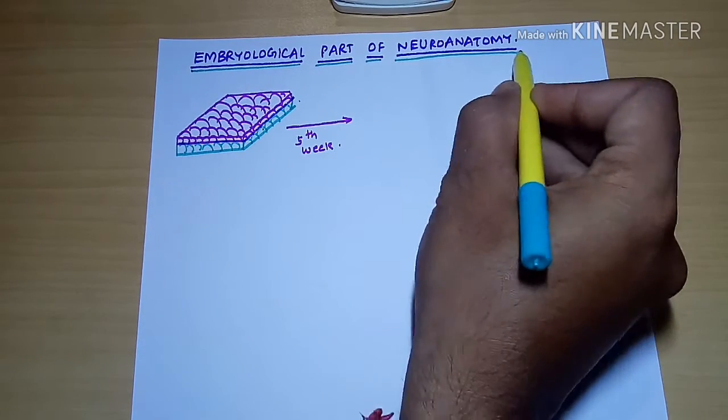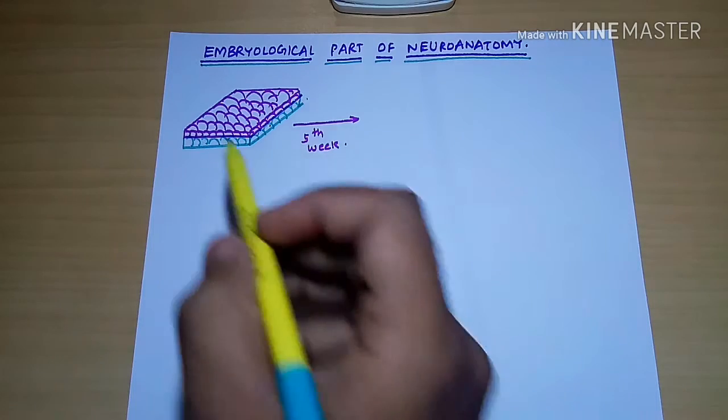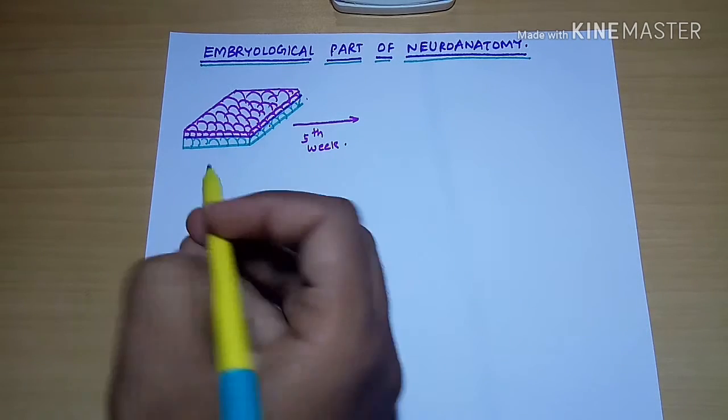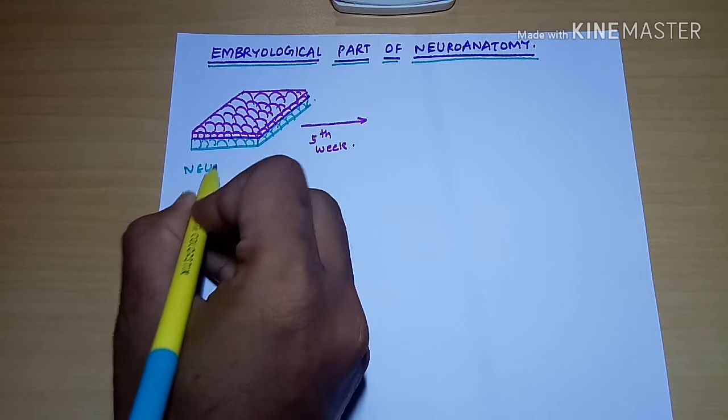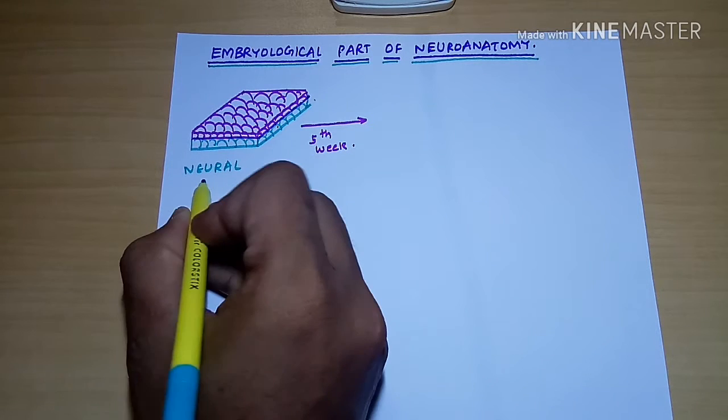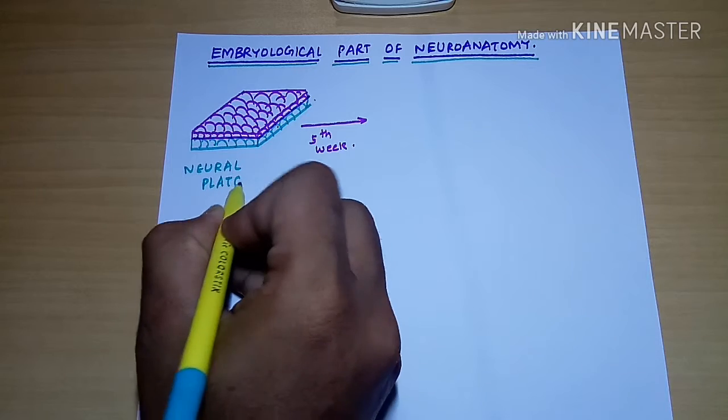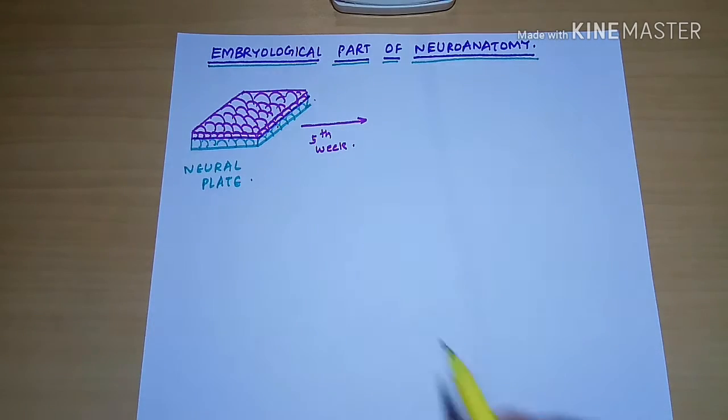In the embryological aspect of neuroanatomy, this is the neural plate. The neural plate is formed by the cells of the epiblast and the hypoblast.